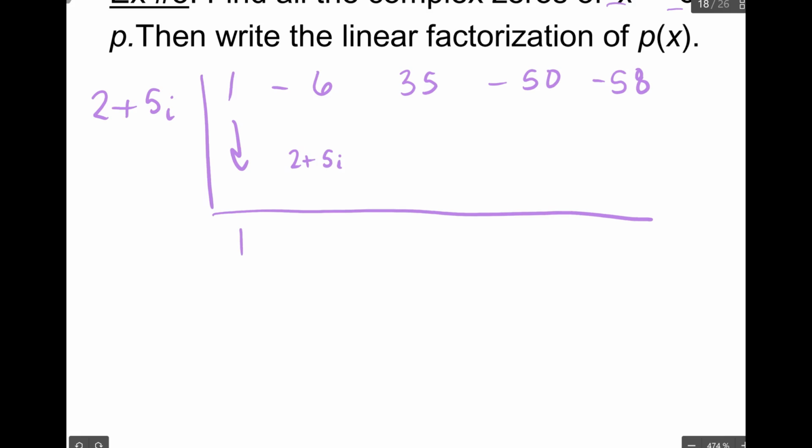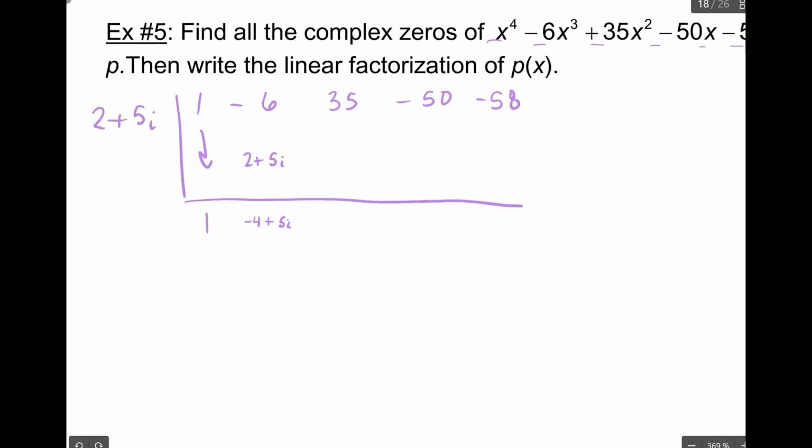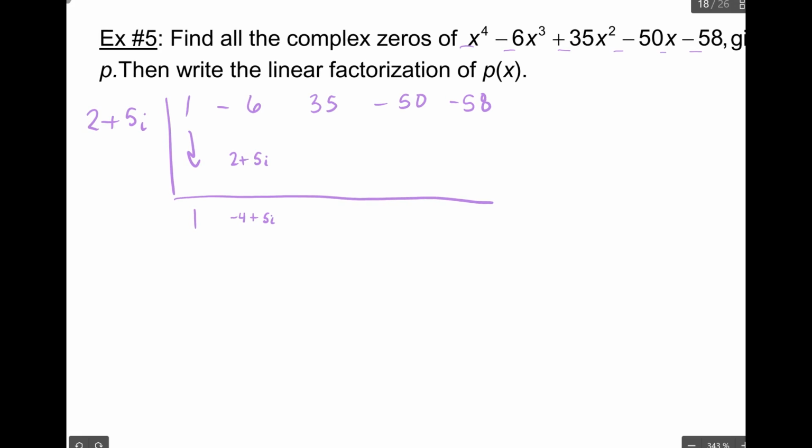So add these together. I can only add the real components. So I have negative 6, so negative 4 plus 5i. Now is where it gets tricky because I'm going to be multiplying two complex numbers together. So I'll take 2 plus 5i multiplied by negative 4 plus 5i.